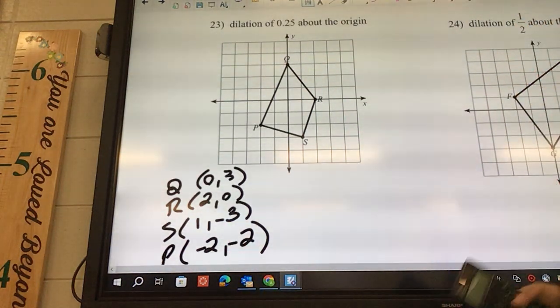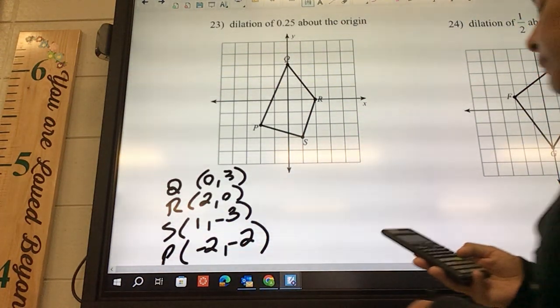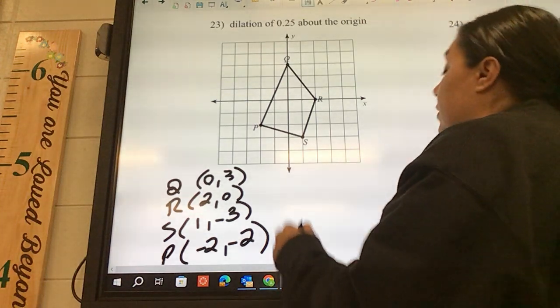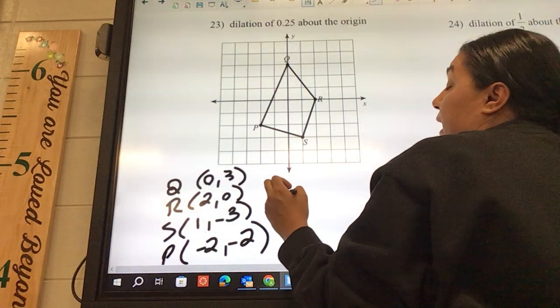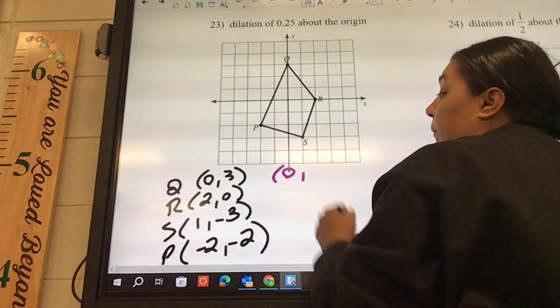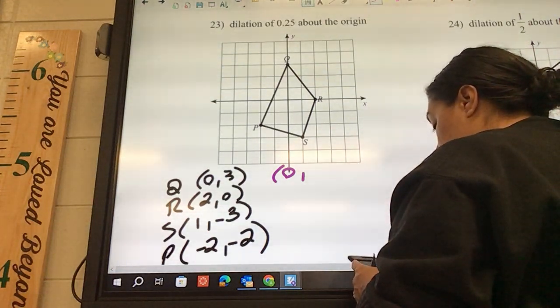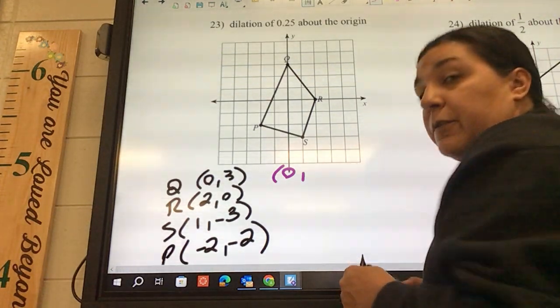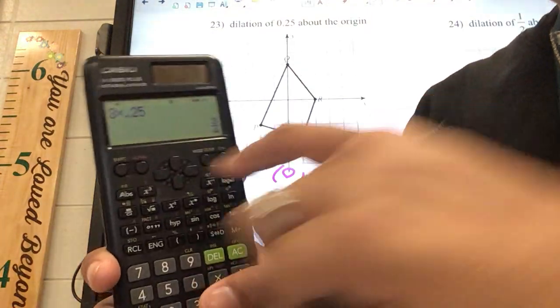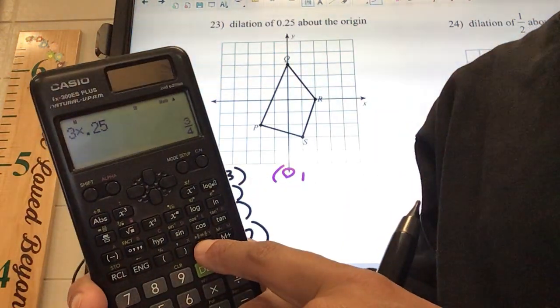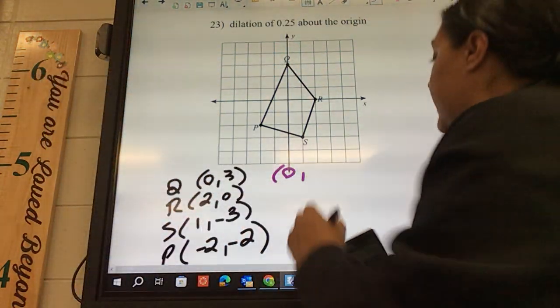Okay, so we're going to take each one of these and multiply by 0.25. Okay, so 0 times 0.25 is still 0. 3 times 0.25. Okay, and if you get a fraction on your calculator, which you will, you're going to hit the SD button and convert it. So this is 0.75.